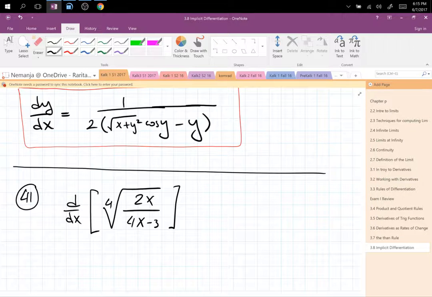We rewrite this quickly as the 1/4 exponent, and we just go from there.